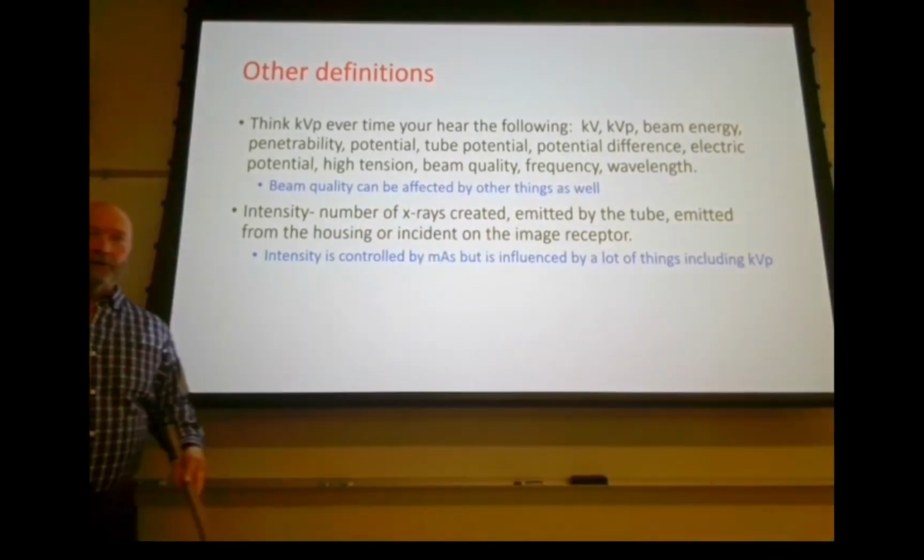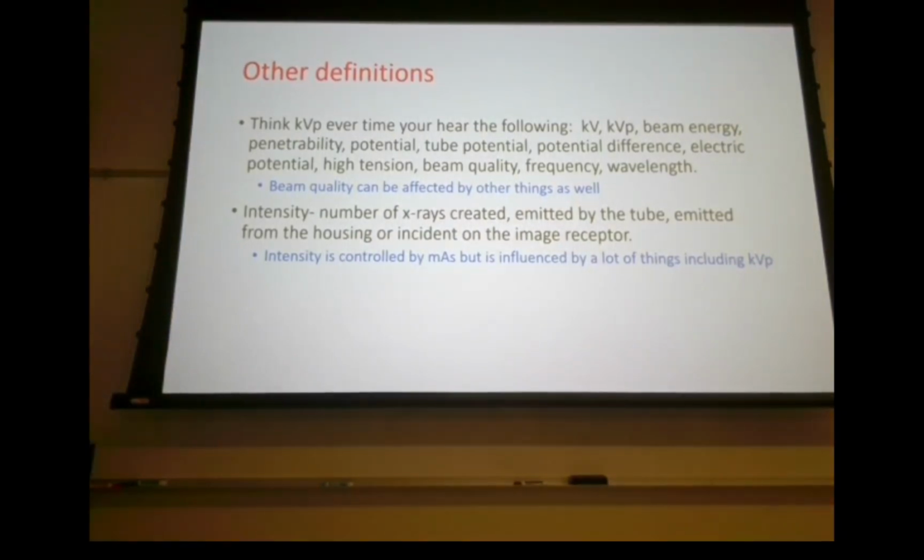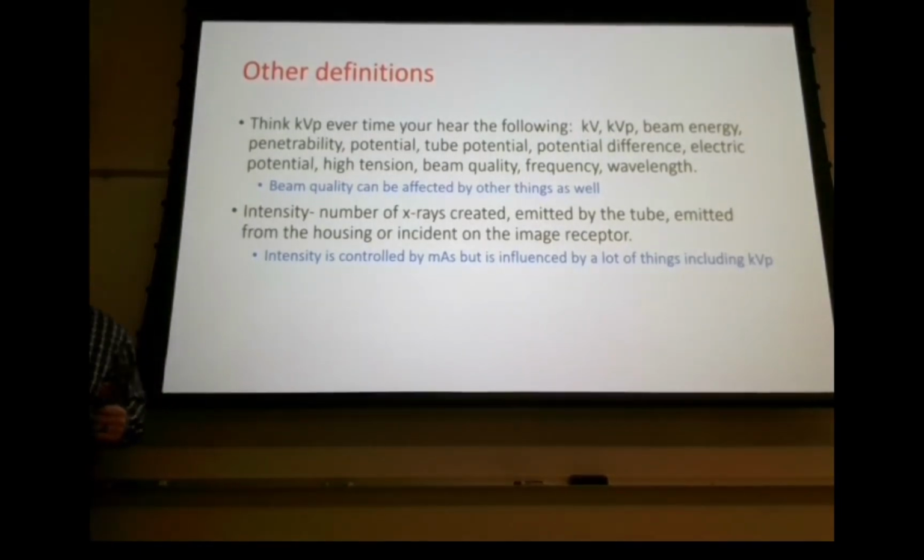And then we've got frequency and wavelength. As kVp goes up, energy goes up, frequency goes up, wavelength goes down. Okay, so any of those words, the first thing you should be thinking of when you see or hear those words is kVp. Okay? All right, so beam quality, we'll talk later in the semester about all the things that affect that.